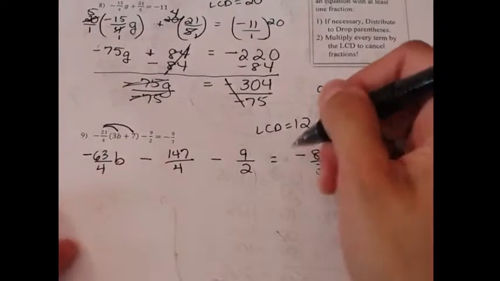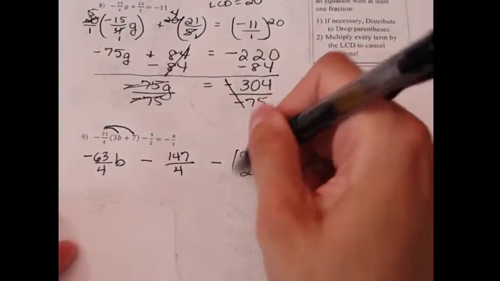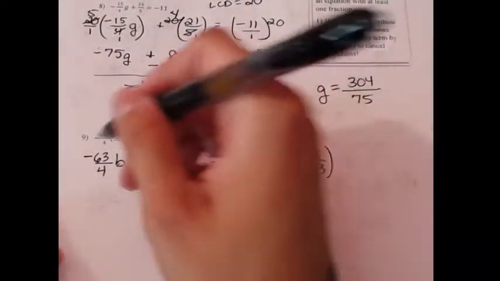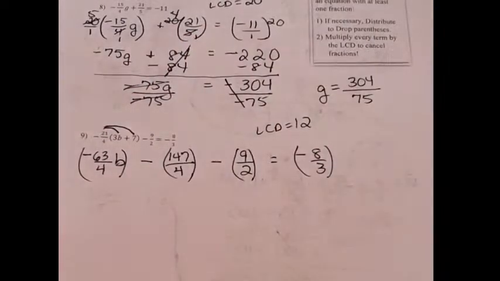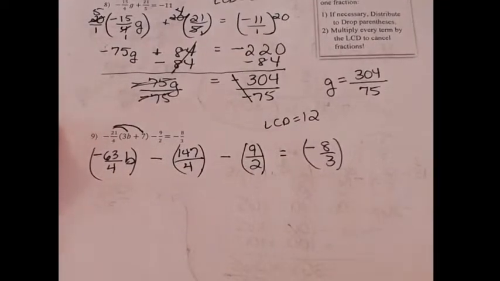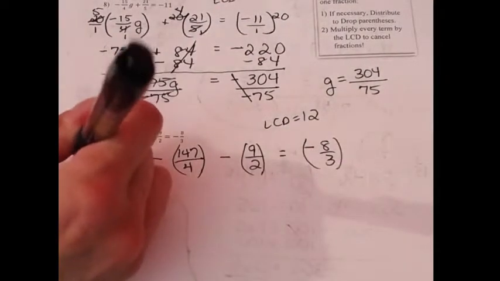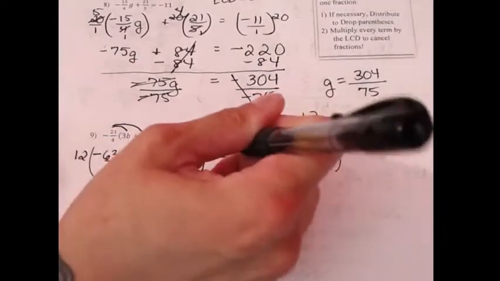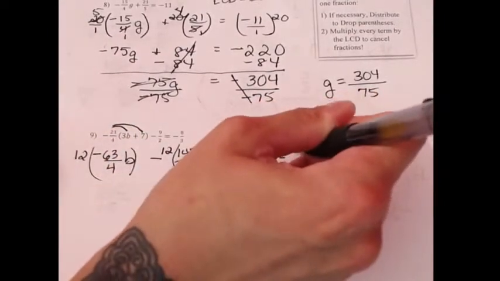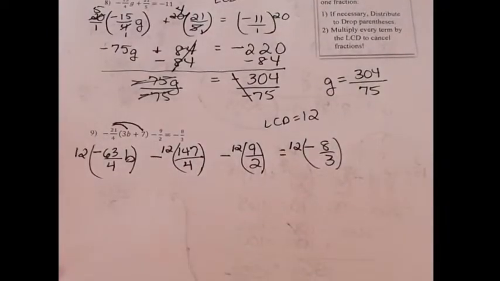Now, take each term, 1, 2, 3, 4. Package them in parentheses, just like I did here. And we're going to multiply each term by 12. 12, 12, 12, 12. Perfect.